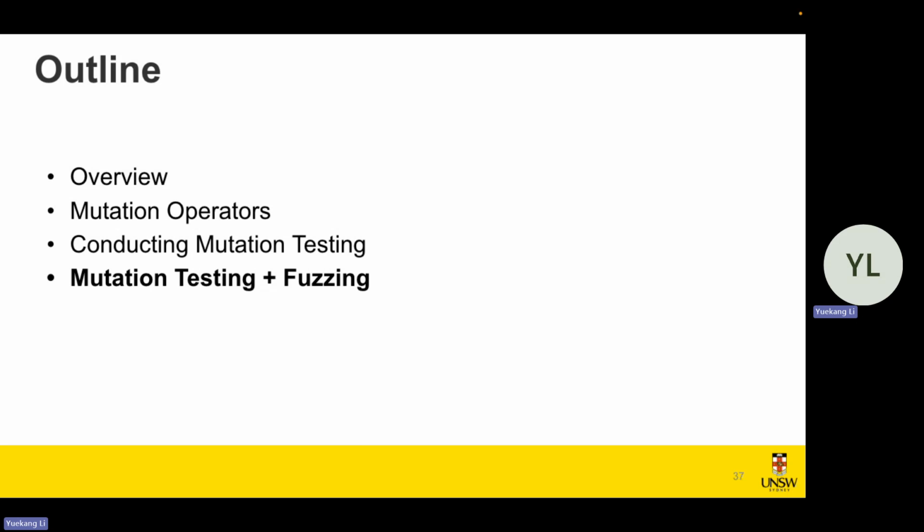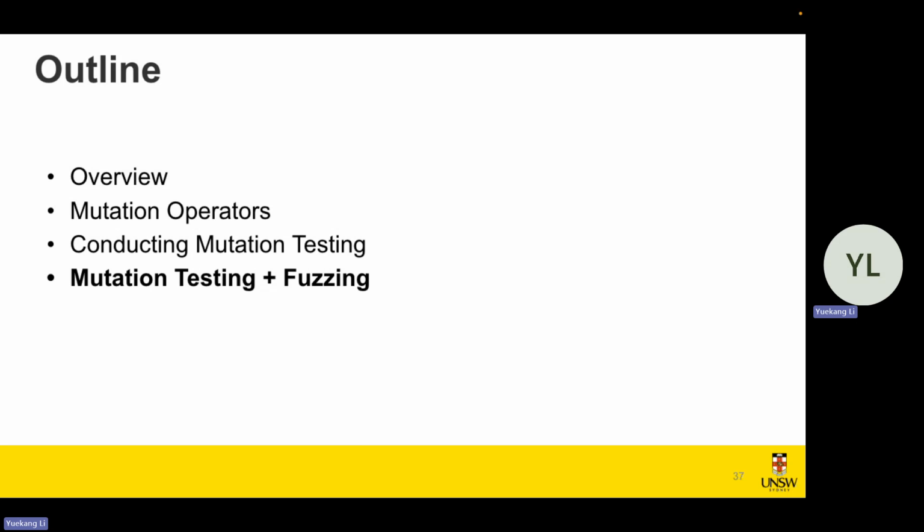And there are different levels of mutation operators. We can create operand level, expression level, and statement level mutation operators. And we can also create some mutations according to the object-oriented design principles.